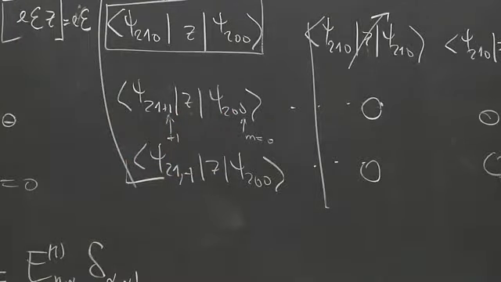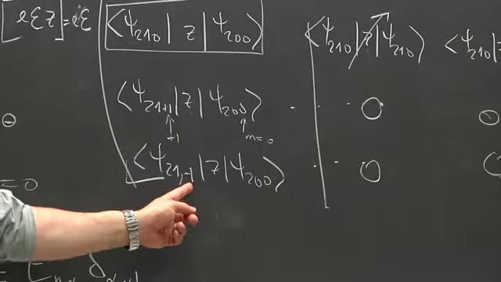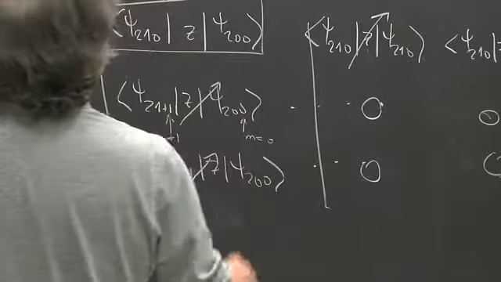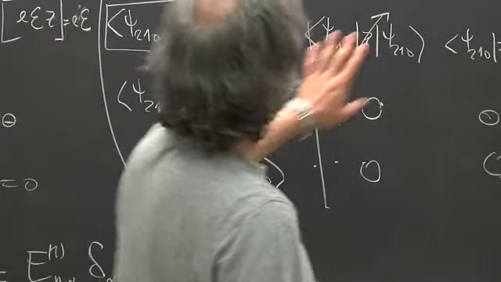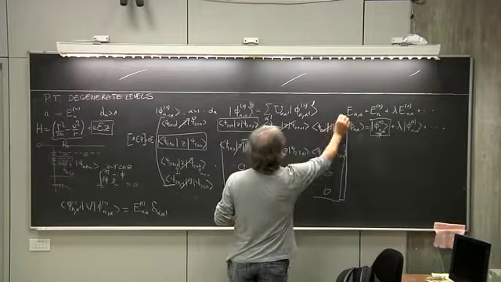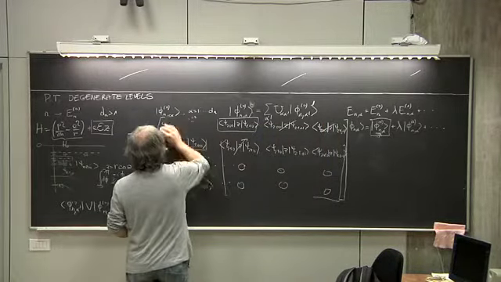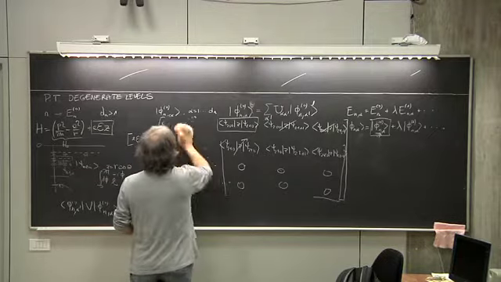The calculation is very, very simple. So by the same argument, this is also 0. So 0, 0, and these are 0. Let me just write a smaller matrix now.